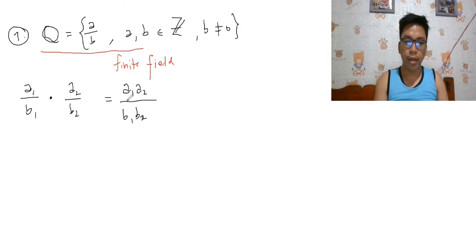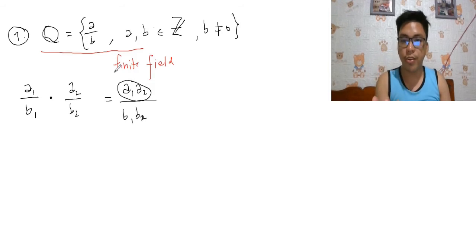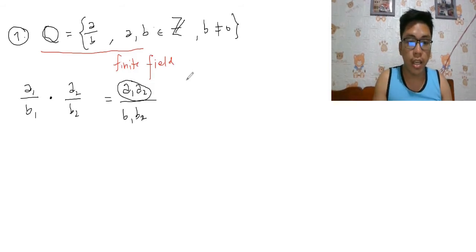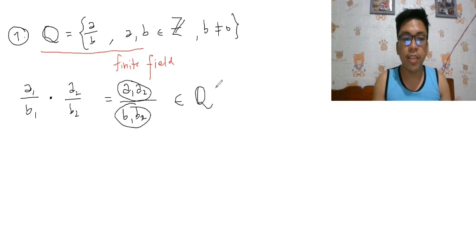Observe that the numerator is also an integer, because the set of integers is closed under multiplication, and of course the same with the denominator, which implies that this product is in Q, meaning Q is closed under multiplication.